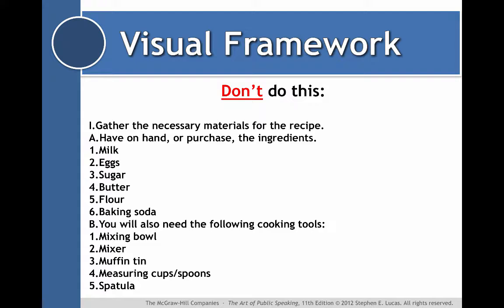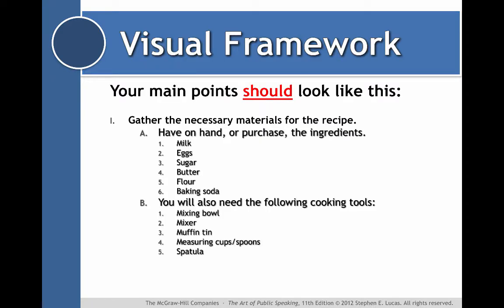So here's what I don't want you to do. As you can see, all of the information is lined up on the margin, but it just looks like a big long list of stuff. It's difficult to tell what the main points are, or you simply can't see the structure of your speech. This is the way it needs to look.